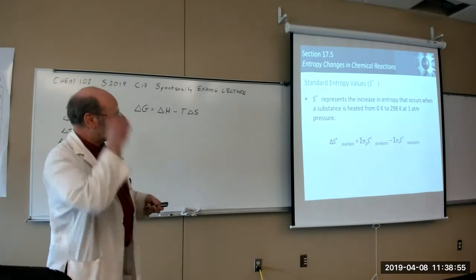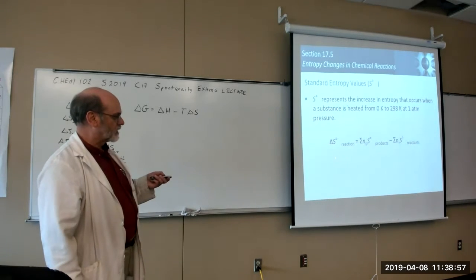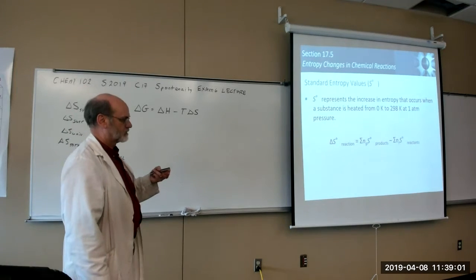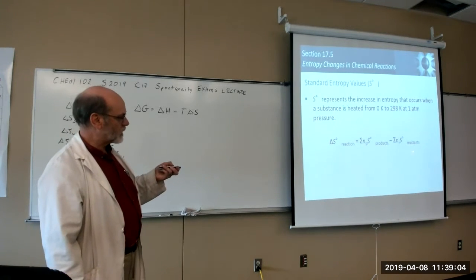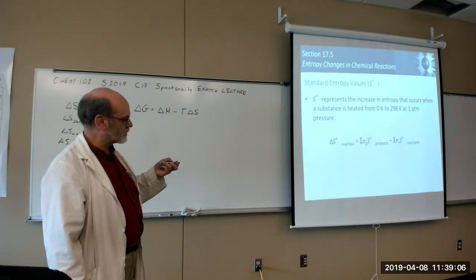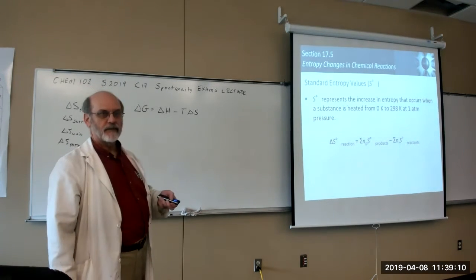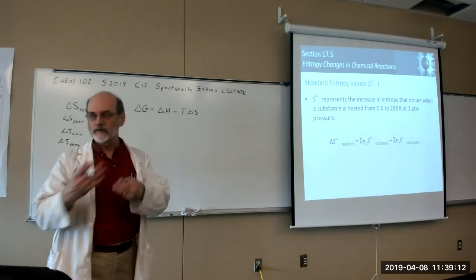So if we want to find the delta S for the reaction, we use that similar type of calculation where we take the delta S's for the products and subtract the delta S's for the reactants. And that's the delta S overall for the reaction.